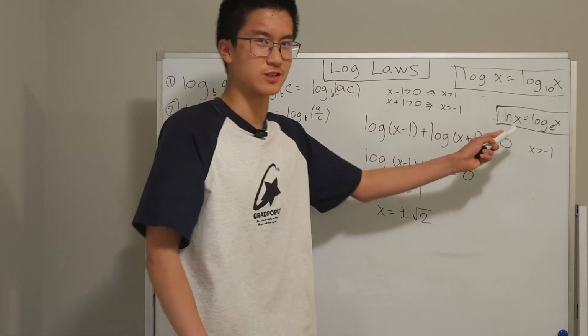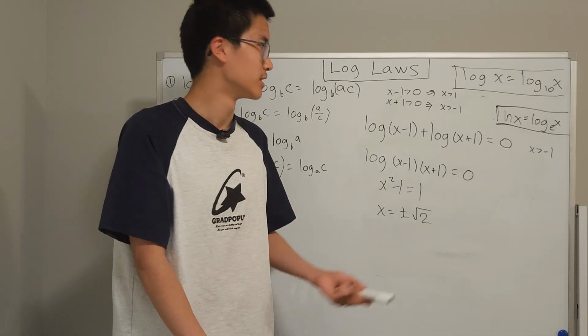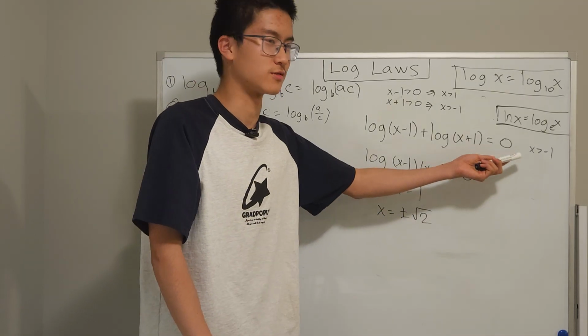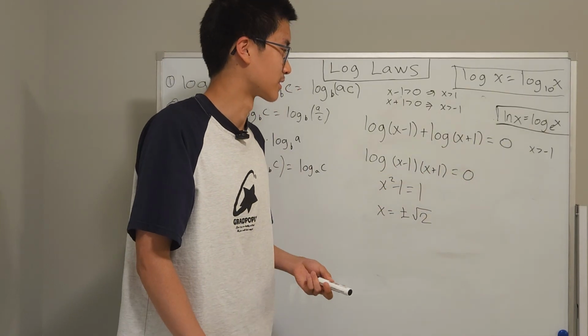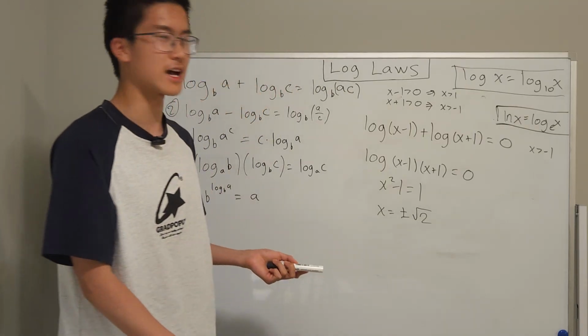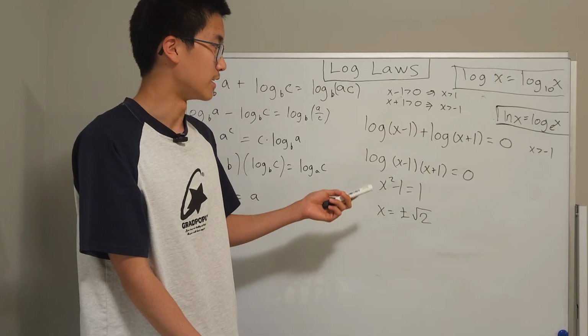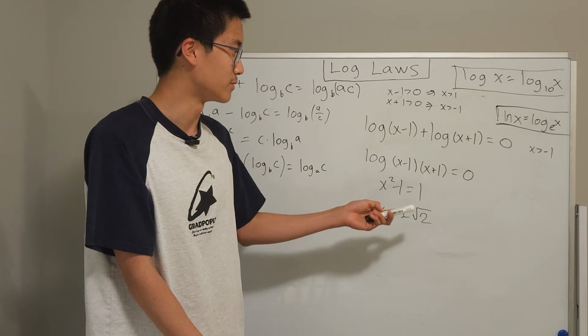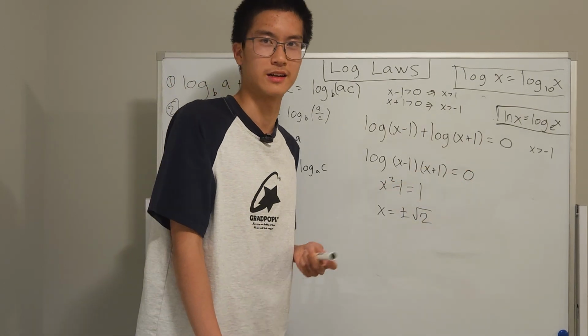Now we check our restrictions right here. So x equals root 2 satisfies this inequality. However, x equals negative square root of 2 is actually less than negative 1.